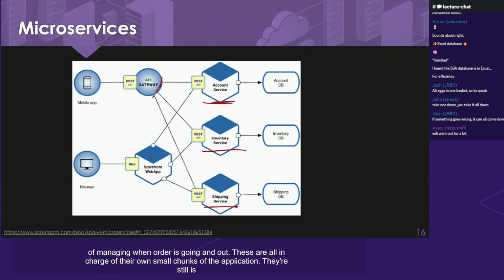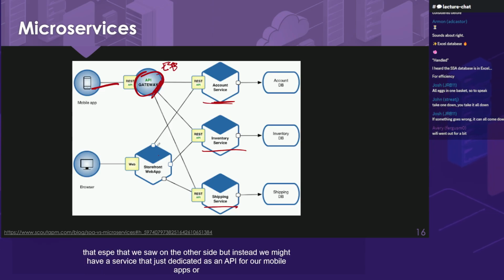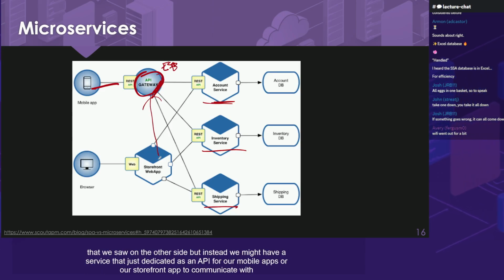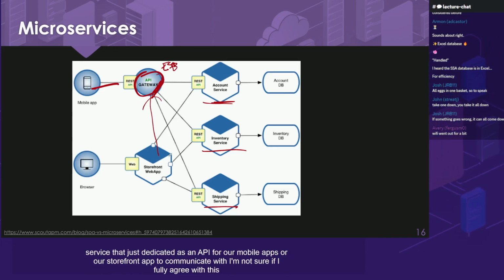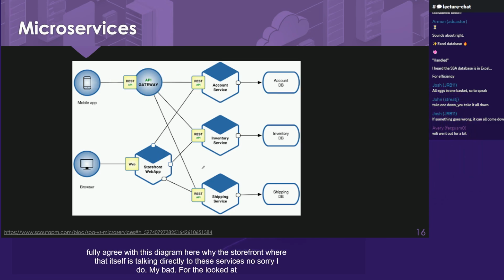There still is a gateway, which is similar to that ESB that we saw on the other side, but instead we might have a service that's just dedicated as an API for our mobile apps or our storefront app to communicate with. I'm not sure if I fully agree with this diagram here of why the storefront web app itself is talking directly to these services. Oh, no, sorry, I do. My bad. I should have looked at my own diagram.